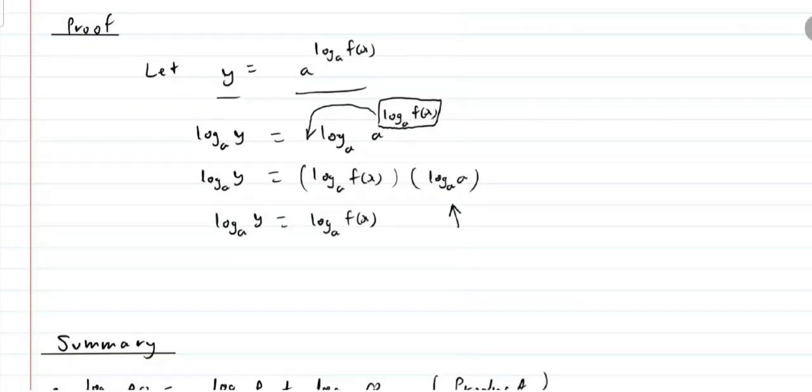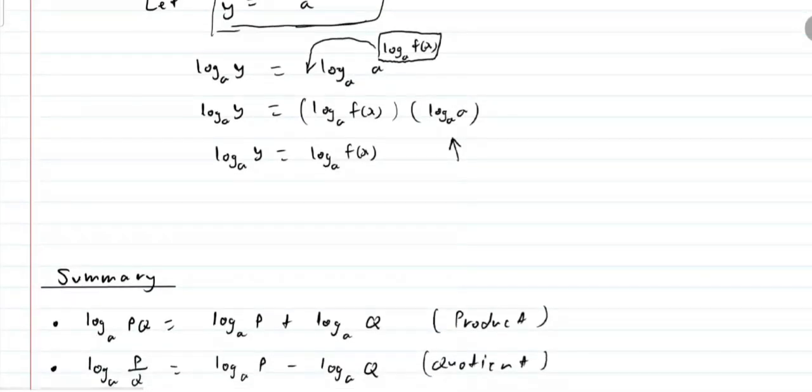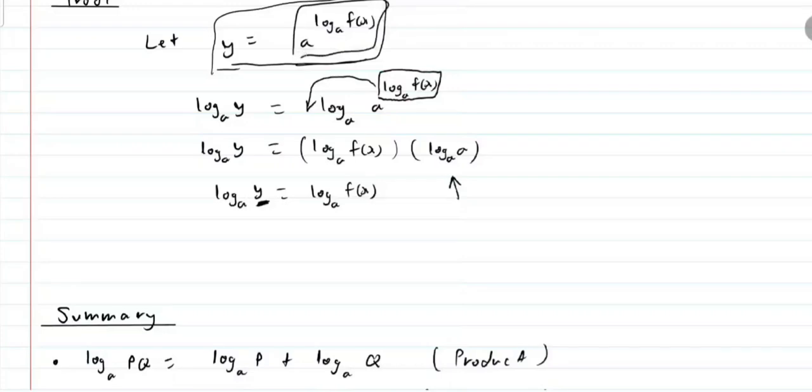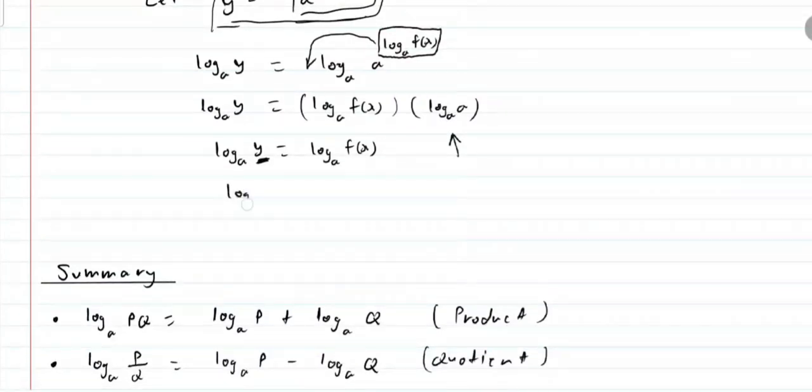What did we say y was equal to? We said that y was equal to A raised to the power of log base A of f of x. Right? So if I'm going to replace y, I have to replace it with this guy. It's going to be log base A of A raised to the power of log base A of f of x is equal to log base A of f of x. Alright, now pay attention here.